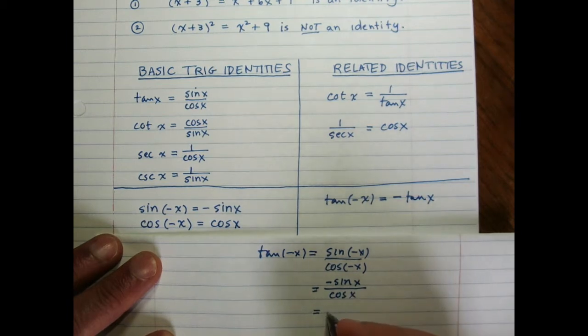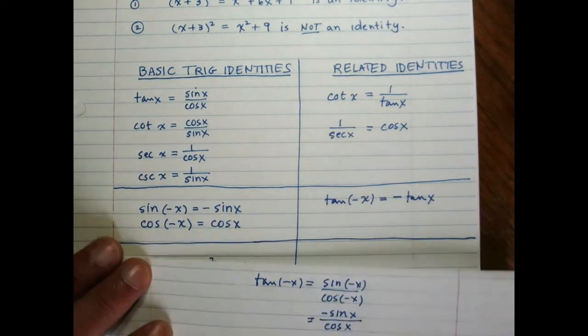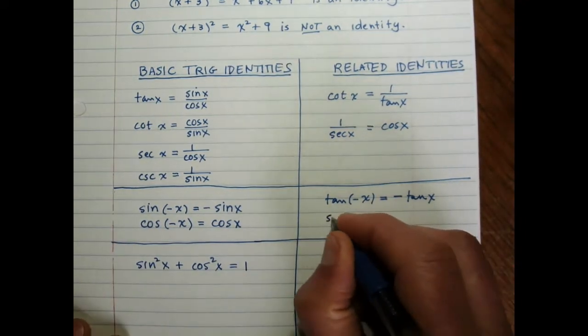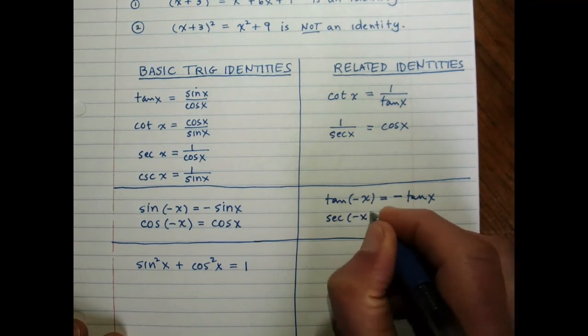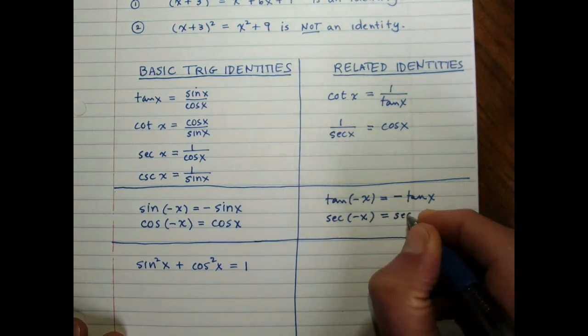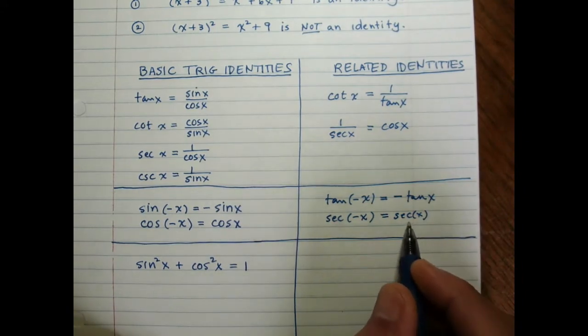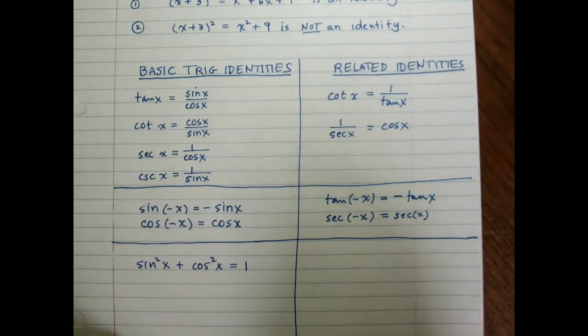So I have minus sine x over cosine x, which is minus tan x. Sure enough, that equation on the right-hand side is an identity. Similarly, secant of minus x equals secant of x without a minus sign at all. That's related to the cosine relationship on the left-hand side.